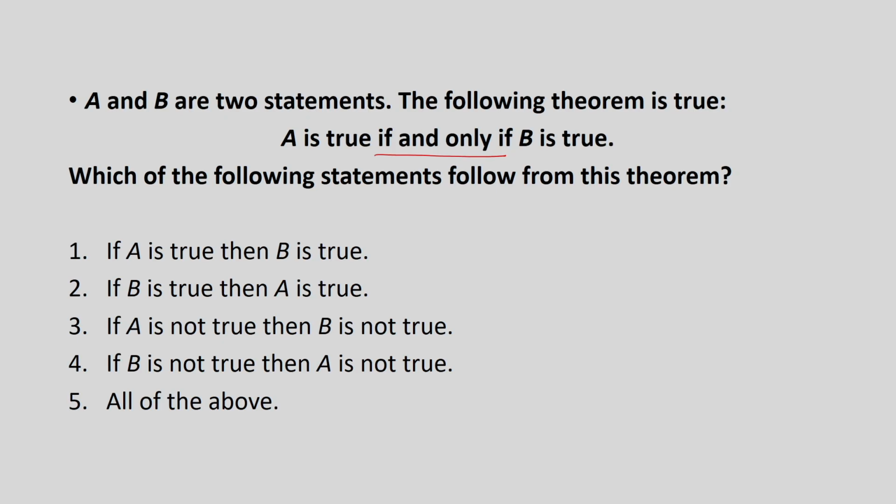Second, if B is true, then A is true. Third, if A is not true, then B is not true. Fourth, if B is not true, then A is not true. And fifthly, all of the above. Okay, these are the 5 statements. We have to find out which of them is correct.